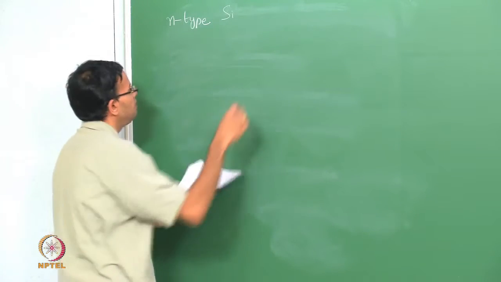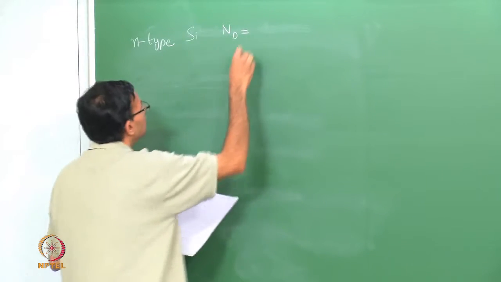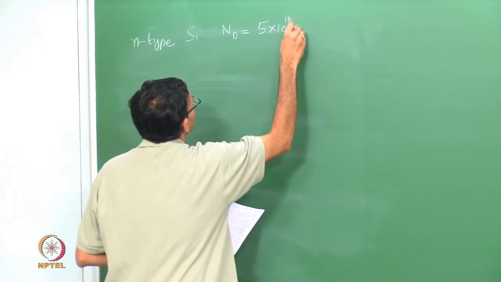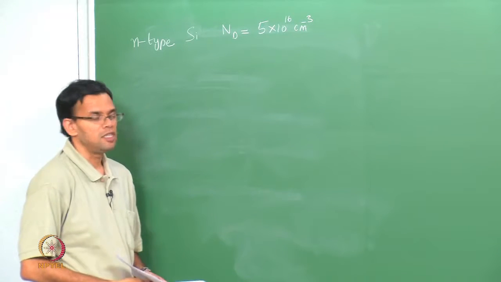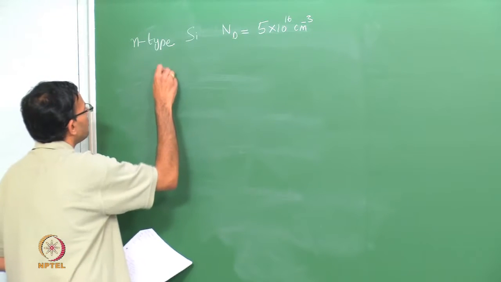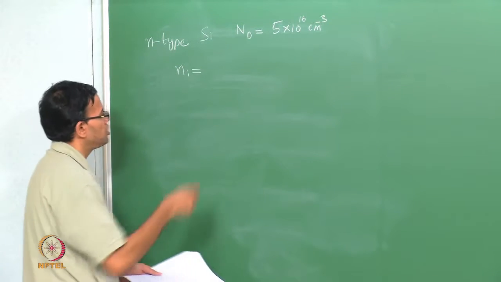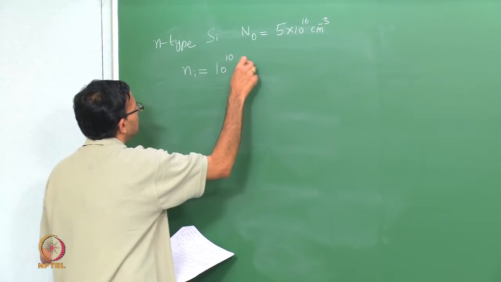I have n-type silicon with my donor concentration equal to 5 times 10 to the 16 per centimeter cube. We will take this silicon to be at room temperature, so that the intrinsic carrier concentration is 10 to the 10.